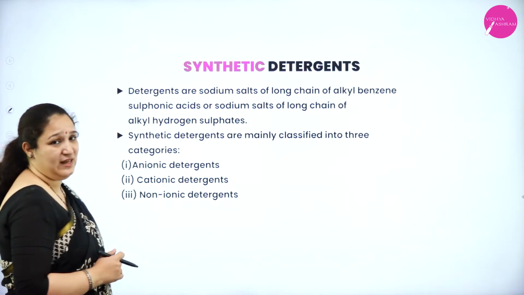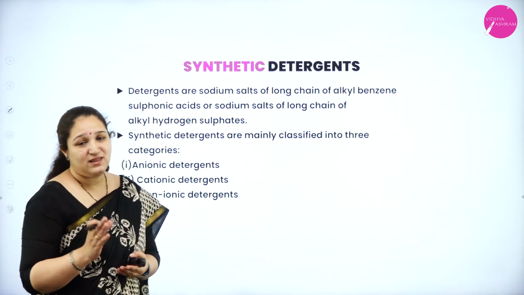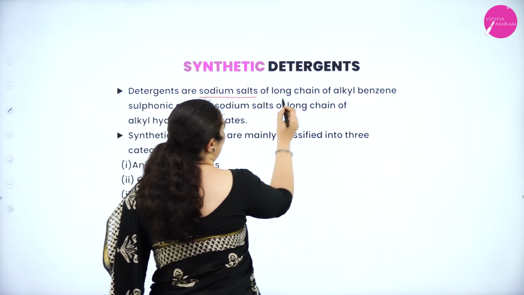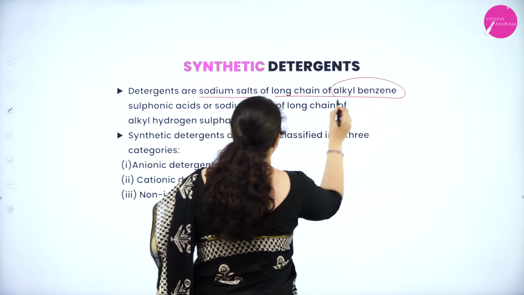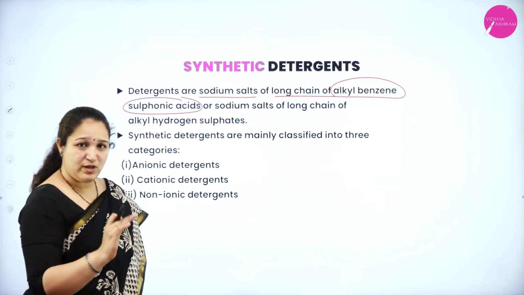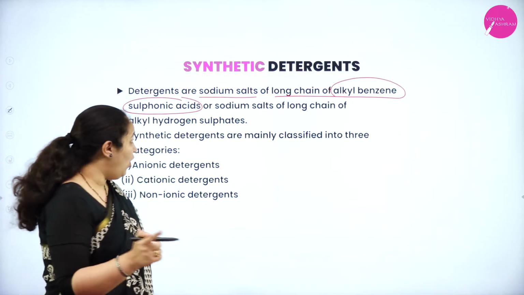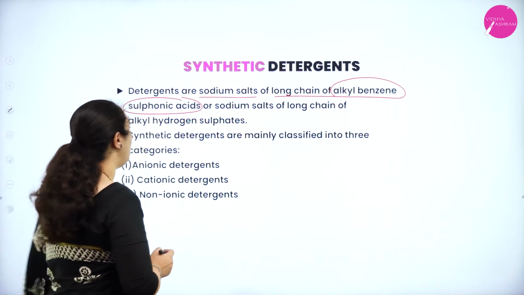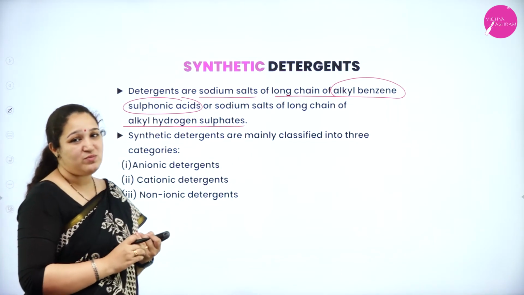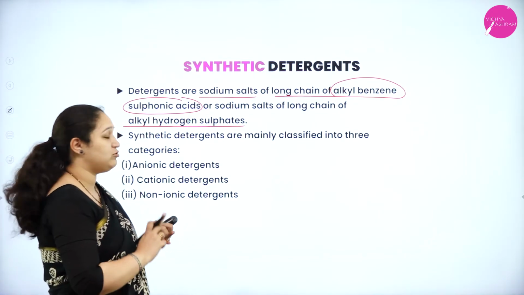Next, we are going to study synthetic detergents. Now, what are synthetic detergents? Detergents are sodium salts of long chain alkyl benzene sulfonic acid or sodium salts of long chain alkyl hydrogen sulfates.